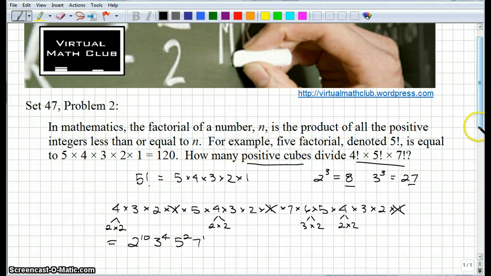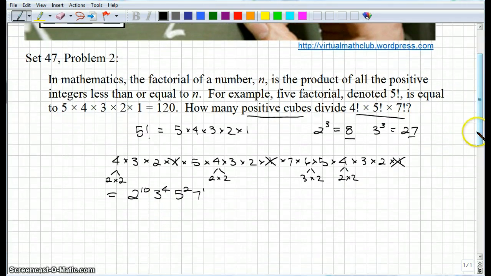So let's look at the possibilities for the exponents on the prime factors, if the factors would be cubic. Let's look at the factors involving the base of 2.